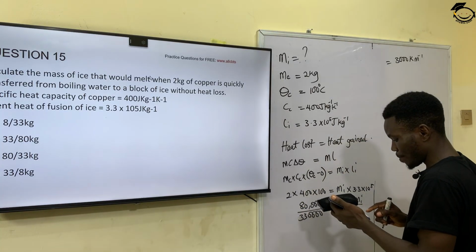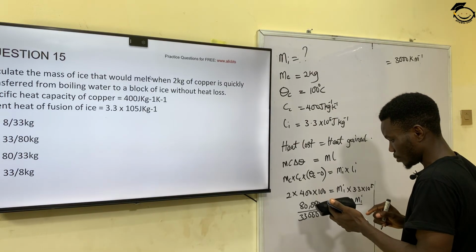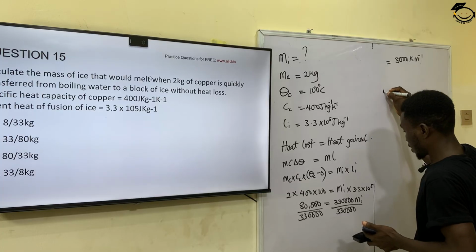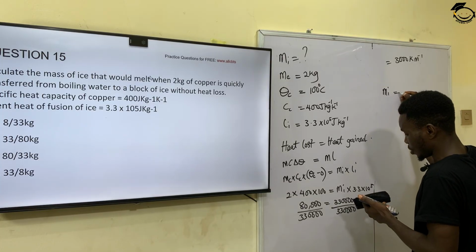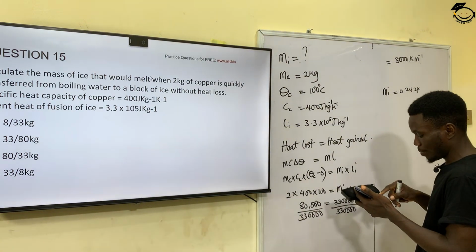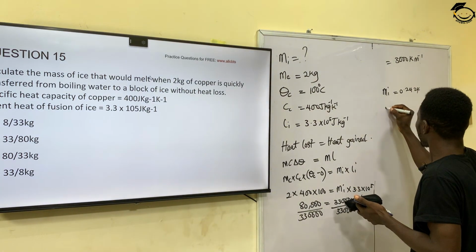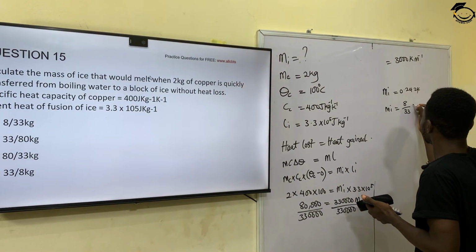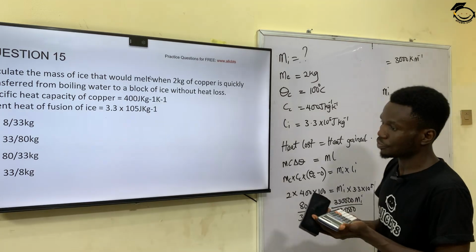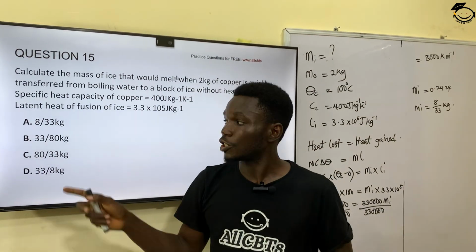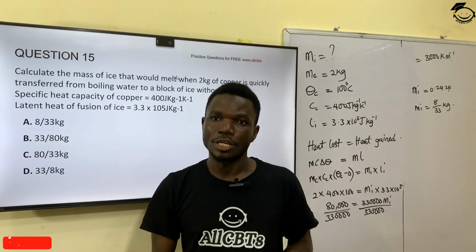So if I divide, it means that the mass of ice is going to give me 0.2424, which is the same as saying that I have the mass of ice to be 8/33 kg. So the correct answer to this question is 8/33 kg, which is option A.